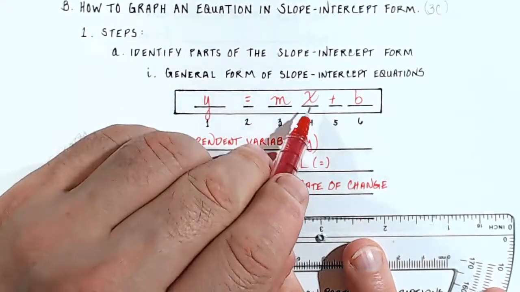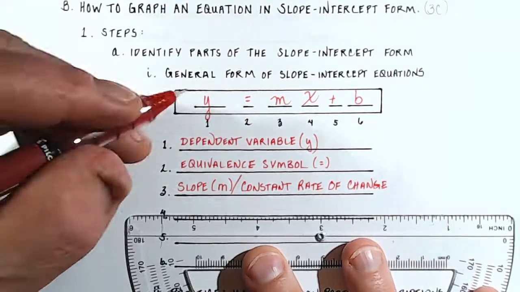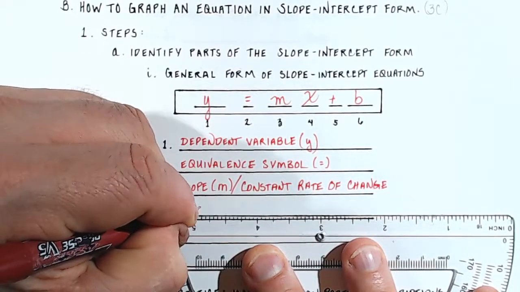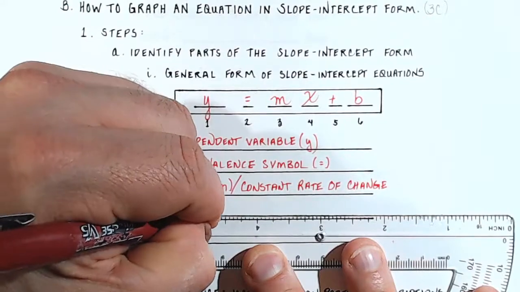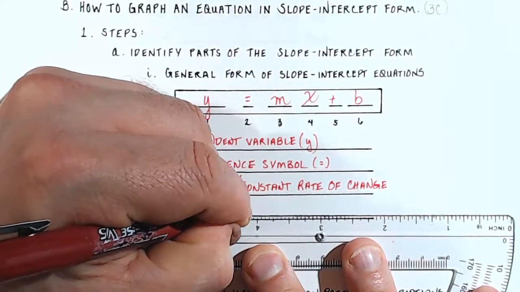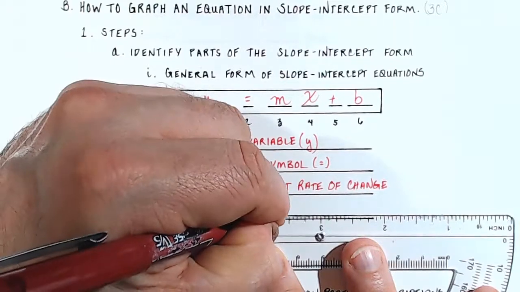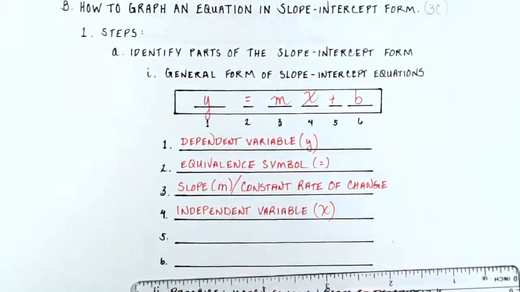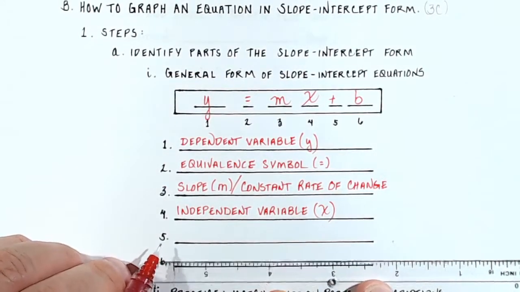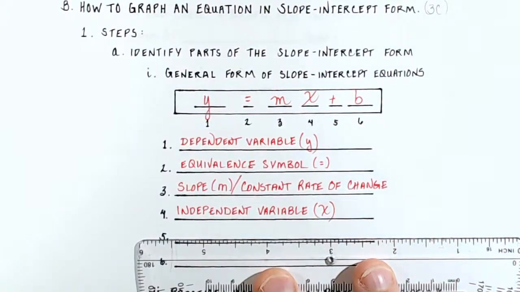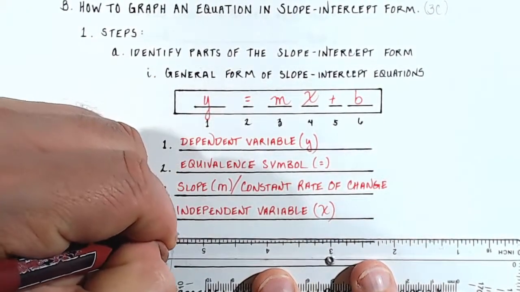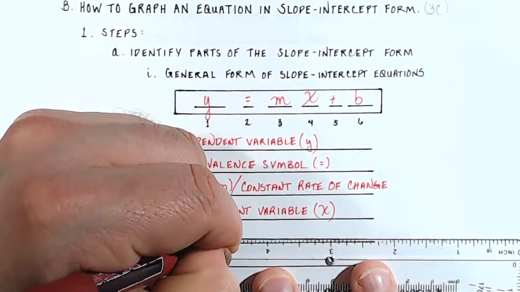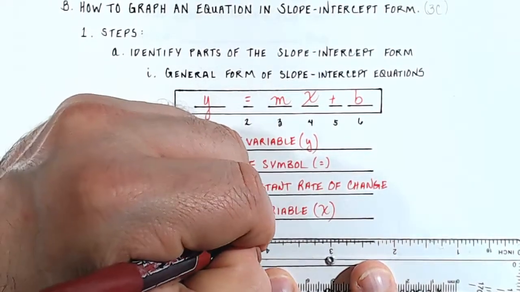Okay, line number 4, that's x. So we also call x the independent variable. And that's x. Okay, number 5. So this one's a little bit weird. I know it's a plus symbol, but we want to call this the direction on the dependent axis.